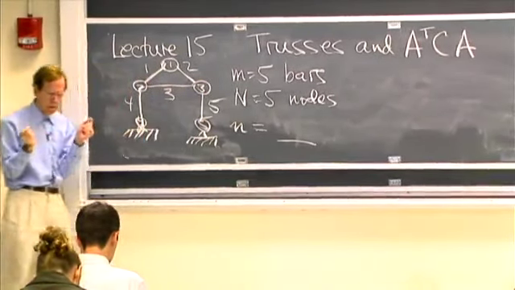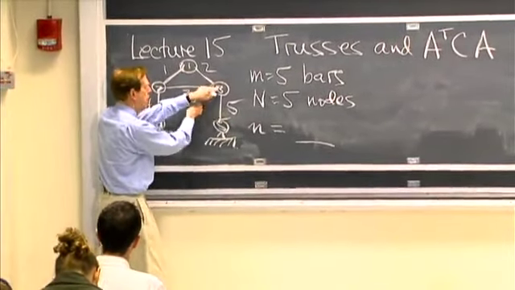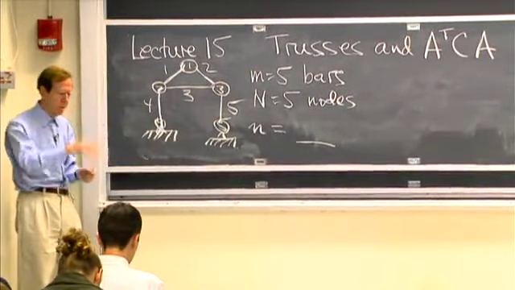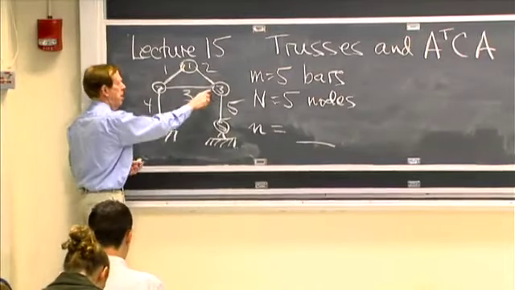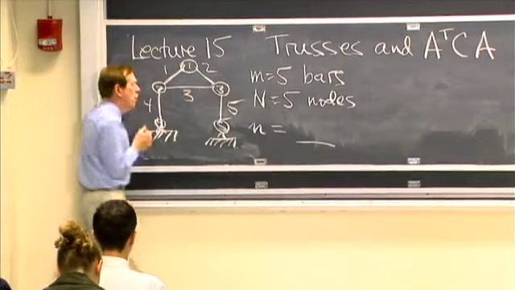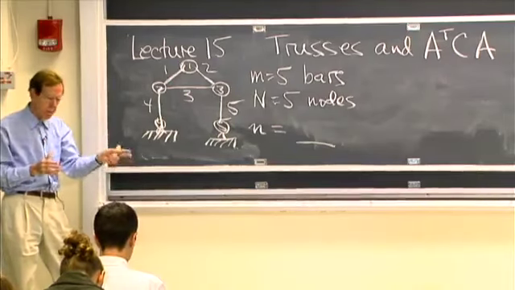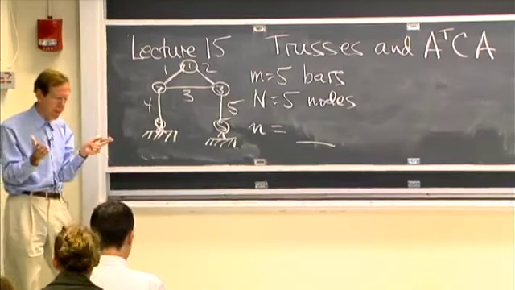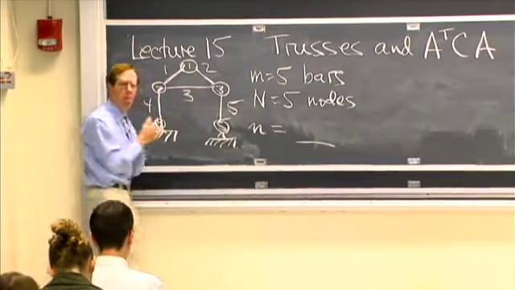Stretching the bars takes force. Turning around the pin joint doesn't take force. The pin just lets them turn, so we'll have forces in those bars. So it's exactly like masses and springs, but yet we have a 2D problem.